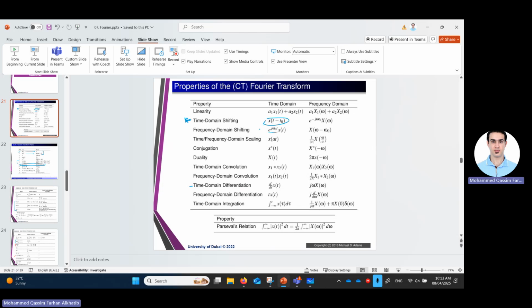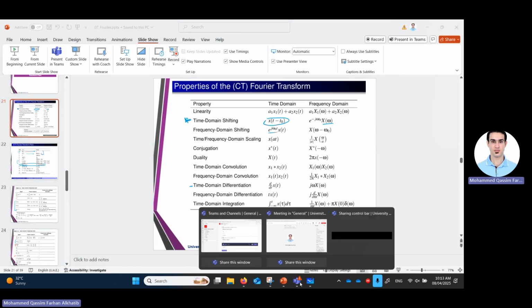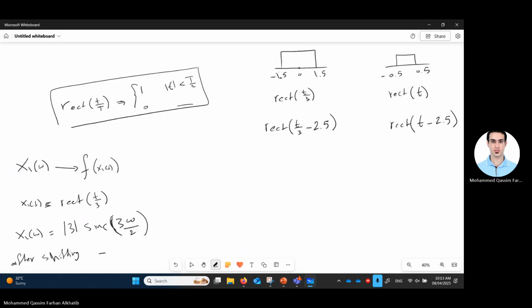I shifted by 2.5, so I multiply my transformation by e to the power negative j omega 2.5, which is t naught. So after shifting, I will get 3 e to the power negative j omega 2.5, then multiply by the sinc of 3 omega over 2. So that's it.